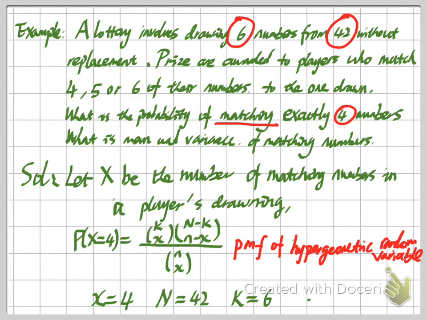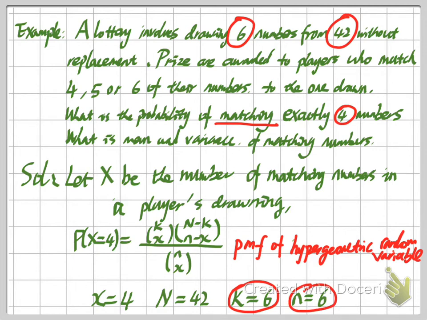And what is our small n? Small n is how many objects we want to select to group as a sample. Here it is how many numbers the player will select. Of course they will select 6 numbers, so the small n is also equal to 6. In this question, I hope you are careful about the value of K and the value of small n.